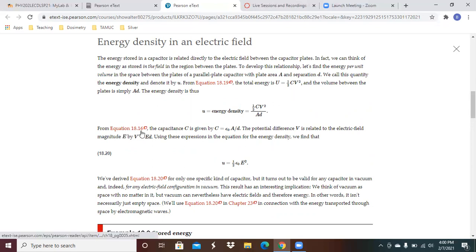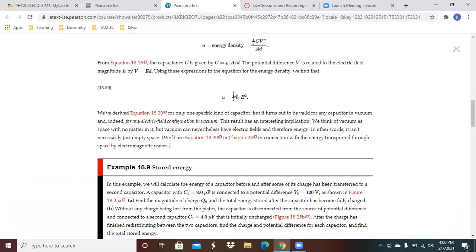If we go back and look at equation 18.16, we can see the capacitance is defined by this. Potential difference is related to the electric field magnitude with this. Once you substitute both of those into here, this is the formula that we come up with.